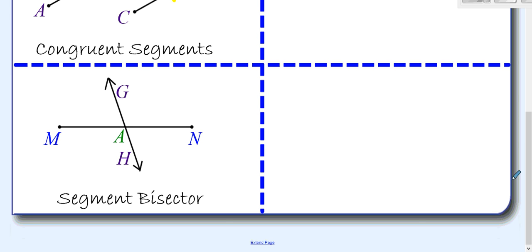Here, we're told that if this is a bisector, bisect means cut in half. So if this is a bisector, that means MN is cut in half, which means you got two equal sides or two congruent sides.